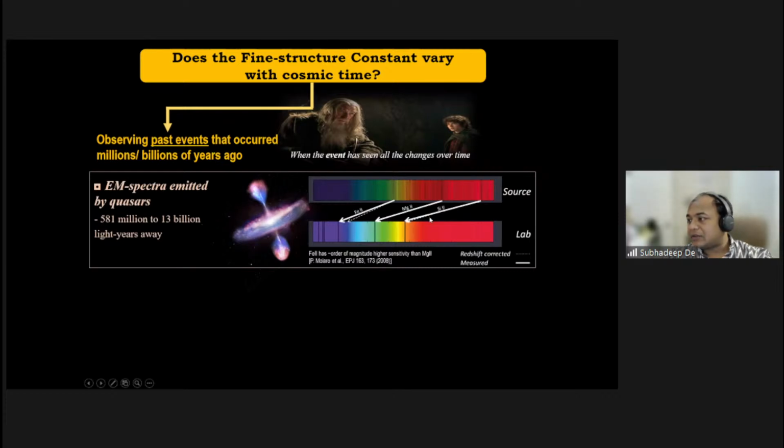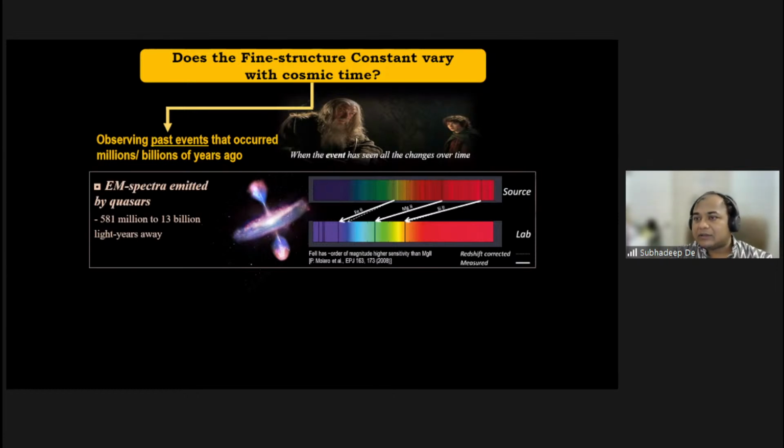The spectra are expected at some particular position by proper calibration, but they appear at a slightly different position in wavelength or frequency than what is expected. For example, here for iron 2, what is expected is this dotted line, but it has shifted somewhere else here. This is just an example to explain this. And this shift corresponds to the possible alpha variations.